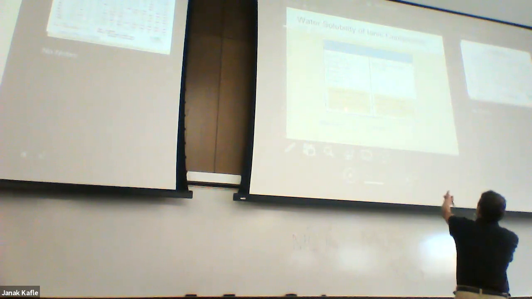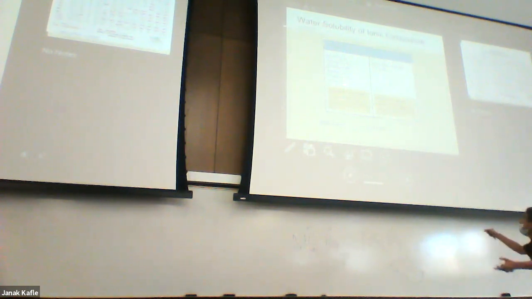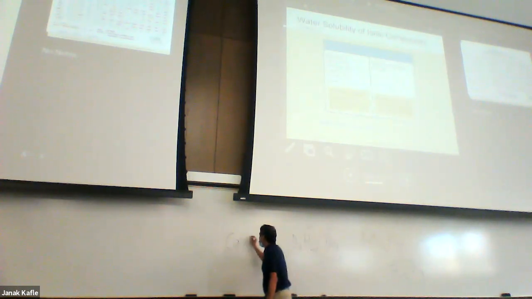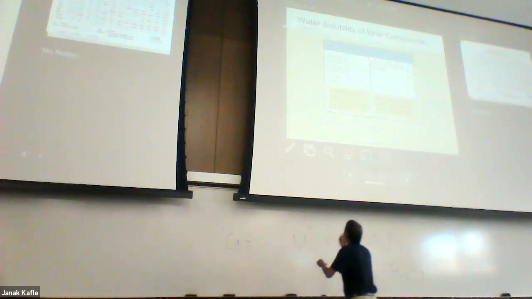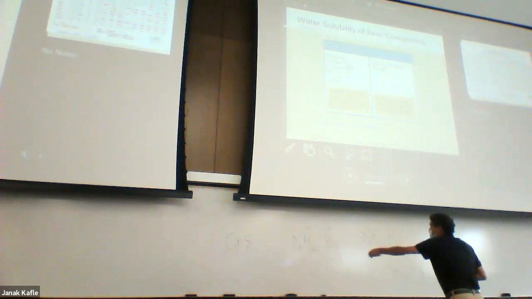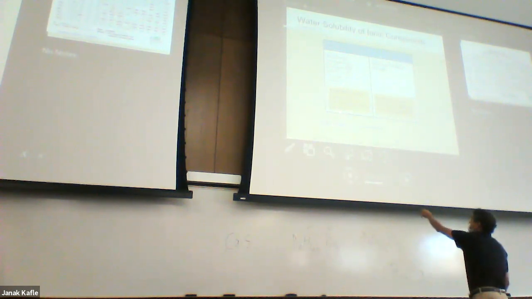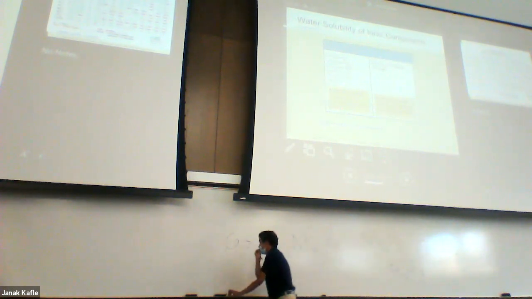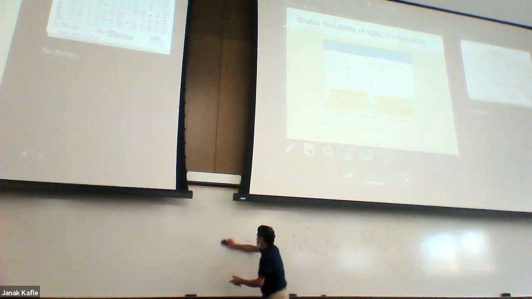And BaS, barium sulfide, is also soluble. Although most sulfides are insoluble, like calcium sulfide, which is insoluble. Look here: it says most salts of this one are insoluble. So calcium sulfide is insoluble, but the exception is if there is barium instead of calcium, that is soluble.